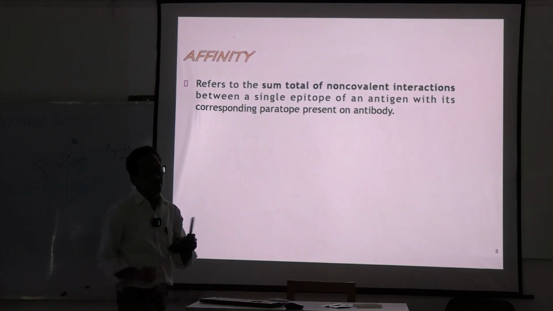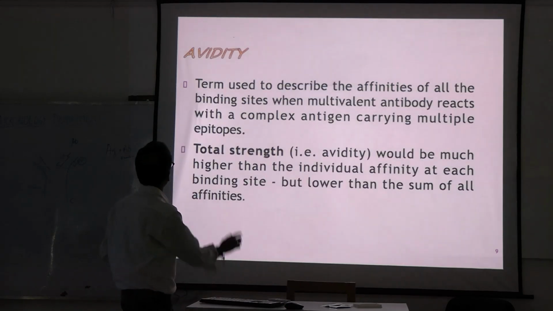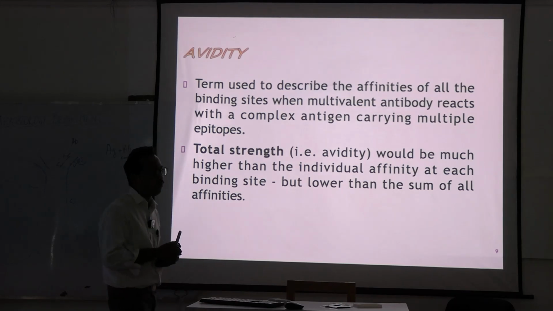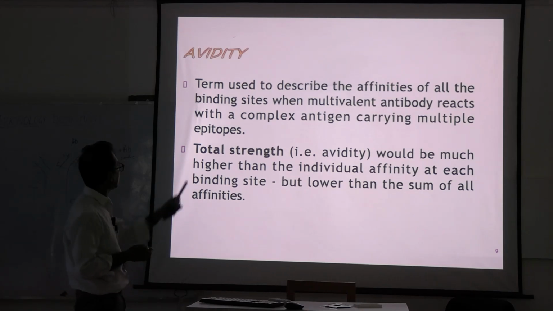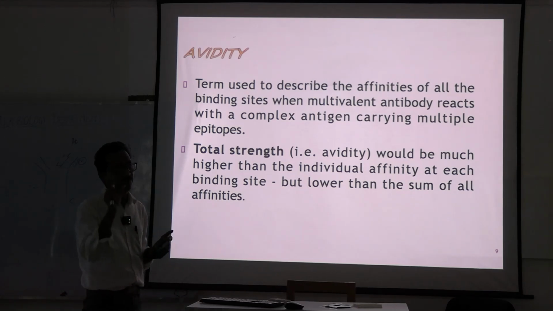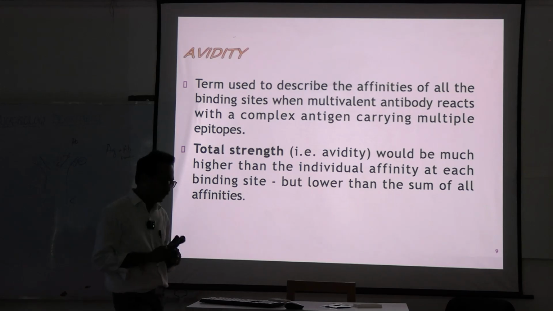And the total of all the epitopes with the corresponding antibody is called avidity. So a single epitope is affinity. Avidity describes the affinities of all the binding sites: when you sum up the affinities of all the epitopes with the paratopes of different antibodies, that is called the avidity of that antigen.